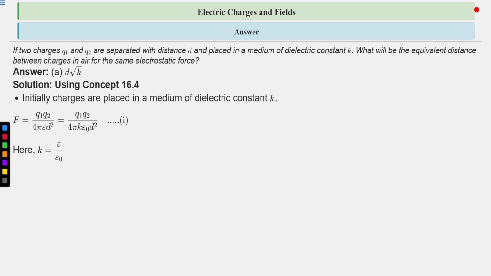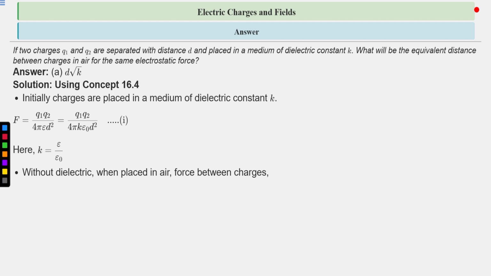Now K is epsilon by epsilon naught. This is the definition of dielectric constant: the dielectric constant of a medium is the ratio of the permittivity of that medium upon the permittivity in vacuum or air, or we can say permittivity of free space. So this is with dielectric.